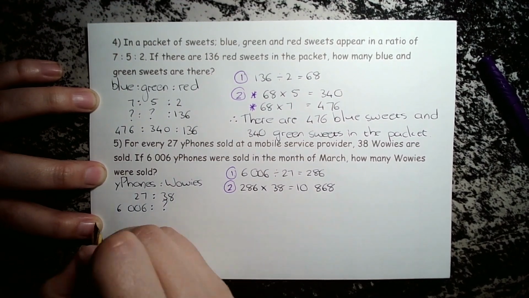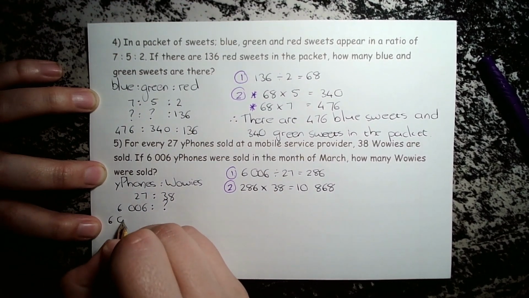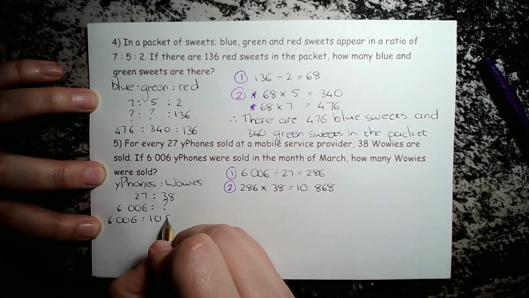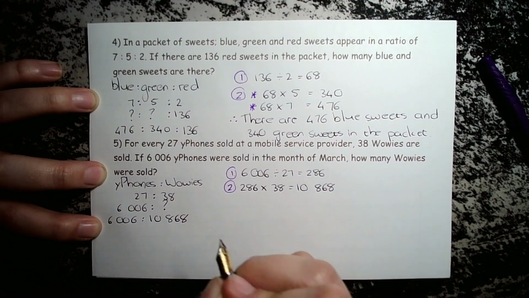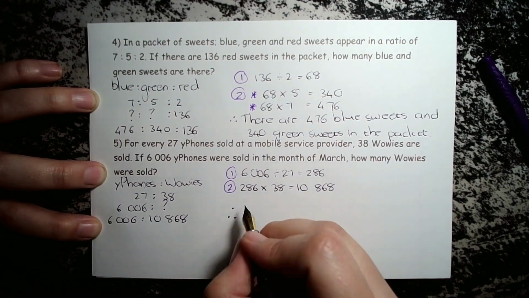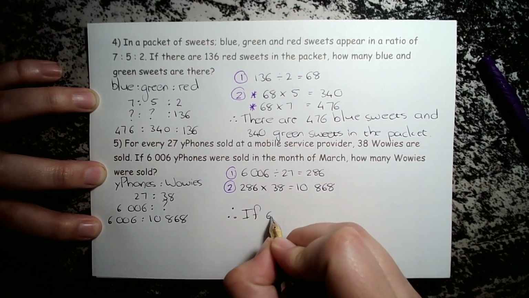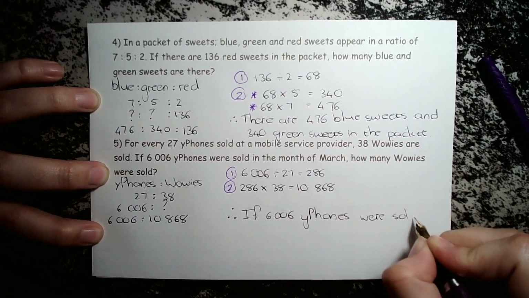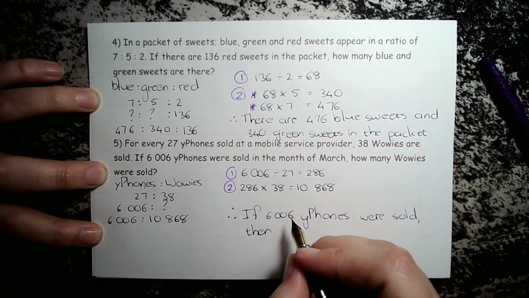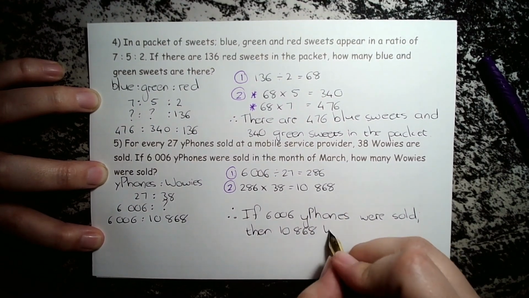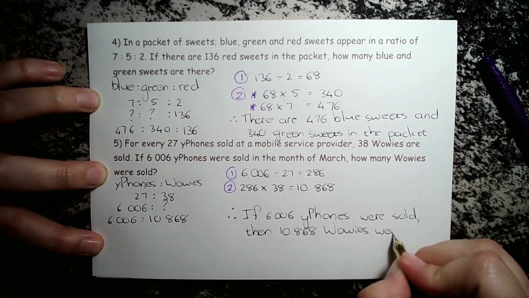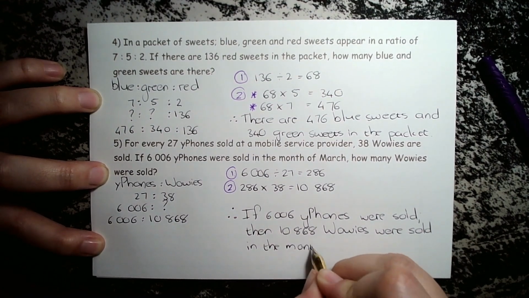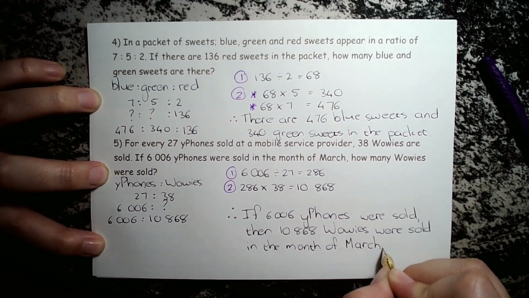So if we put it in our ratio, 6,006 is to 10,868. The answer to the question, therefore, if 6,006 Y phones were sold, then 10,868 Wowies were sold in the month of March.